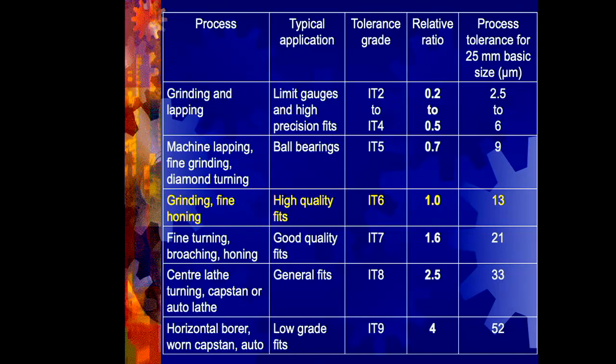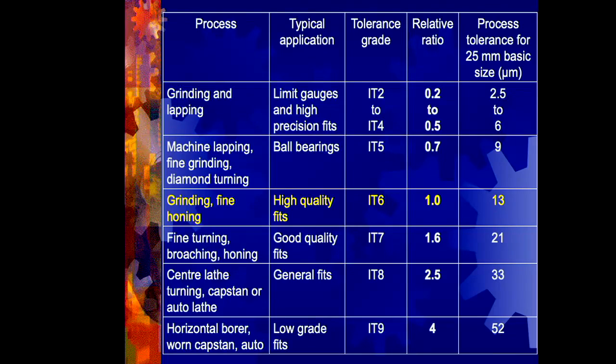Up there it's 25 millimetre. Imagine a 25 millimetre shaft going into a lathe, and we're trying to just lathe it with a cutting tool, and then we're going to try and put it into some other machines to get a finer tolerance. So if we are going to grind, or they call it hone, that gives us a high quality fit.